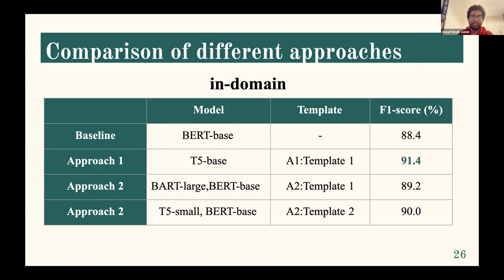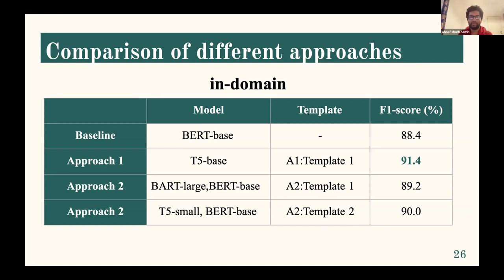And these are the results for our in-domain experiments. Again, we get the best result using our approach 1, and our approach 2 is better than our baseline, however not good enough compared to approach 1. We did some error analysis on why our approach 2 is not providing better results.